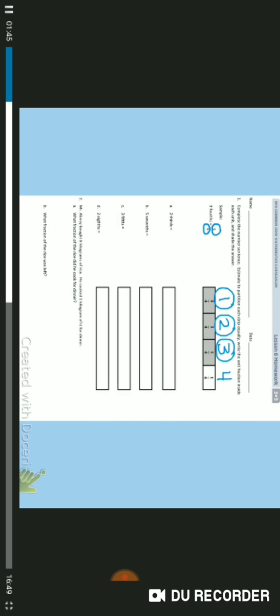Now let's look at item A. It says 2/3. We know that thirds is the unit form. That means I need to divide this rectangular strip into 3 equal parts.